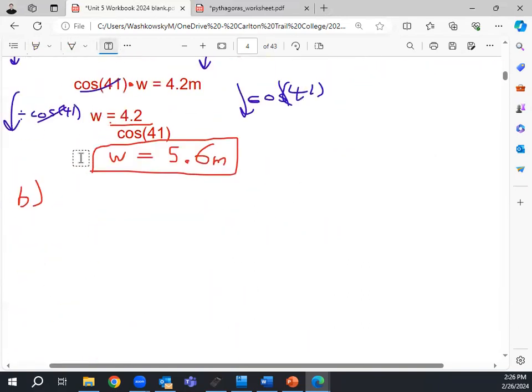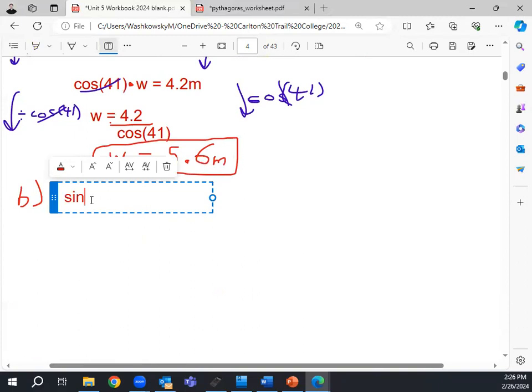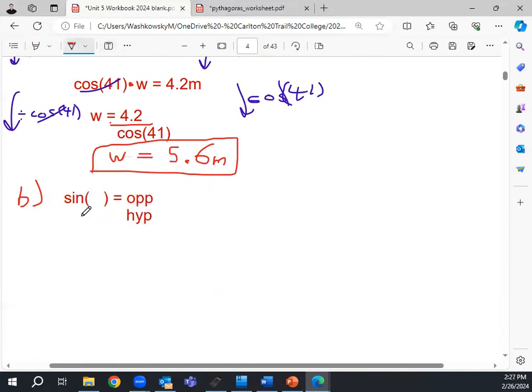So I'm going to put that in here. Sine of the angle, which I'm trying to find, is equal to opposite divided by hypotenuse. And again, you can put X for that if you wanted, or anything. So now I've figured out my formula, just like before.